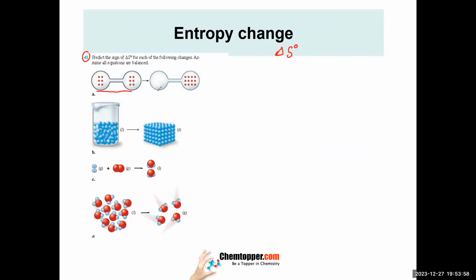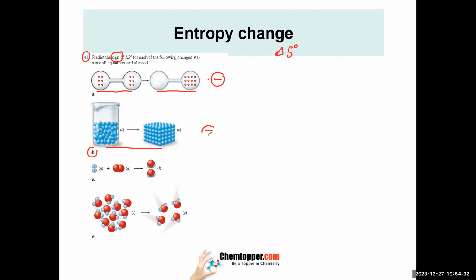From this to this, the randomness is increasing or decreasing? In the A part, yes, very good. It's negative. B part, randomness is increasing or decreasing? Sammy, good. Your answers are perfect today. It's decreasing, Atharva.